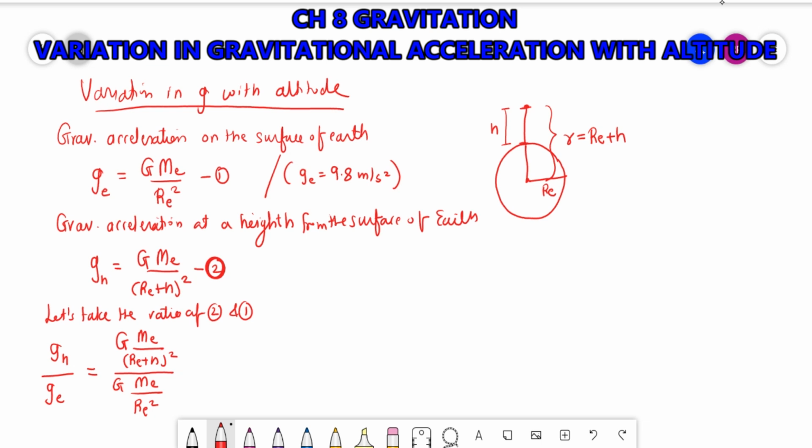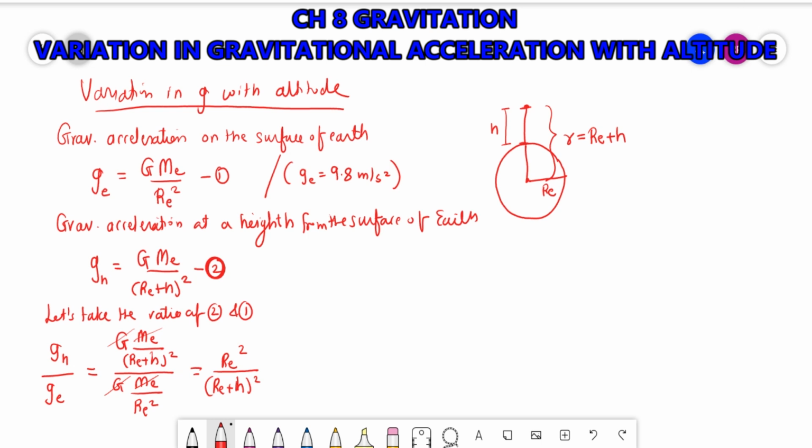The constant terms, the gravitational constant 6.67 10 to the power minus 11, and the mass of the Earth both get cancelled. So this reduces to 1 upon RE plus h whole square upon 1 upon RE square, which is RE square upon RE plus h whole square.